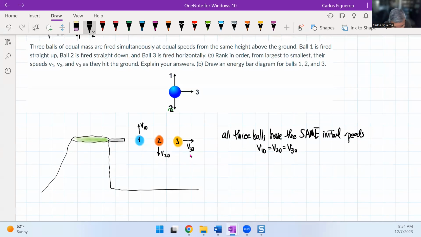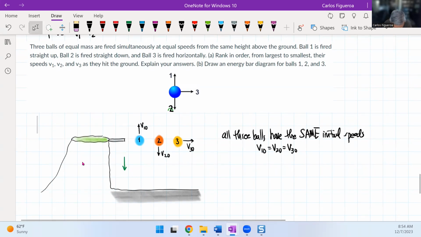Now that we have that, we need to choose our system. What am I going to do? Well, the only force acting on them is the force of gravity, so I want to include the force of gravity.